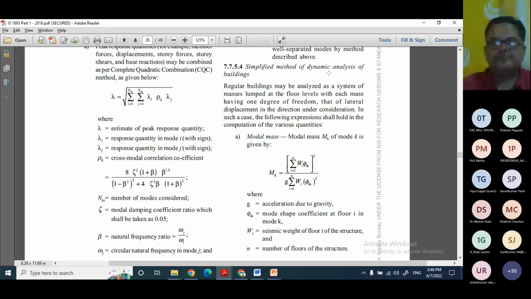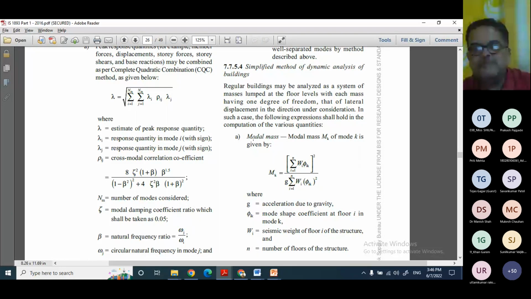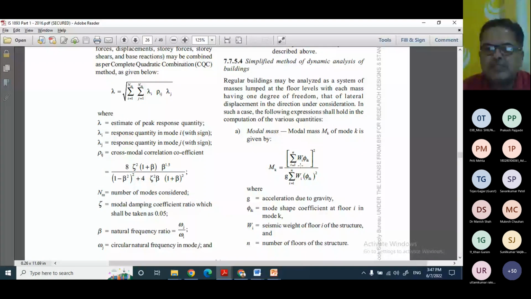This is the dynamic analysis of the building, and we have to calculate the modal mass. First of all, you have W i phi. Now phi is the mode shape coefficient at the floor i, right? Everything we know, but first of all we have to derive the mode shape, and once we derive the mode shape, we can calculate the modal mass.